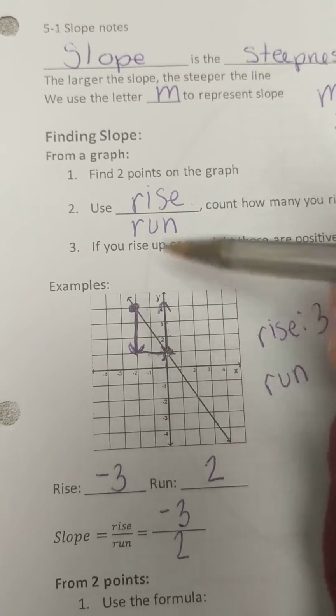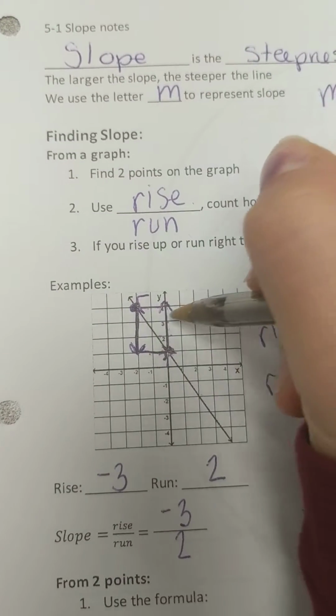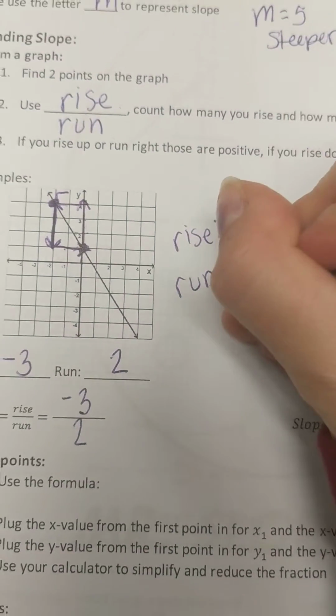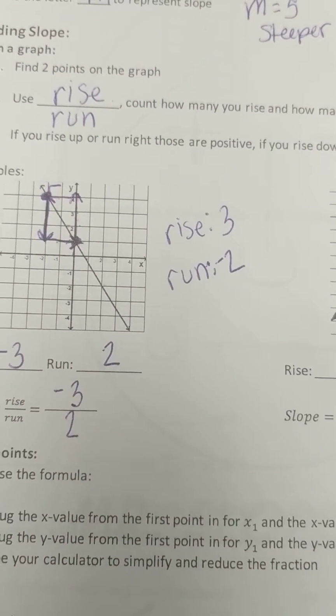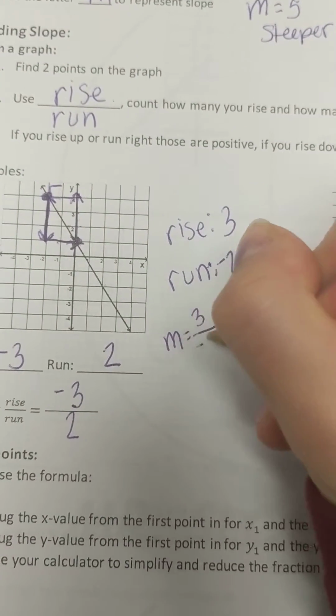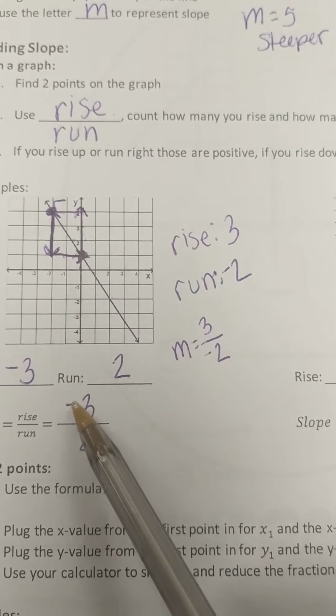Now from where I left off, I'm going to count my run. So from here to the other point, I ran 1, 2, but this time I went left, which is negative. Now when I put my rise over my run, those are the exact same. I have one negative.